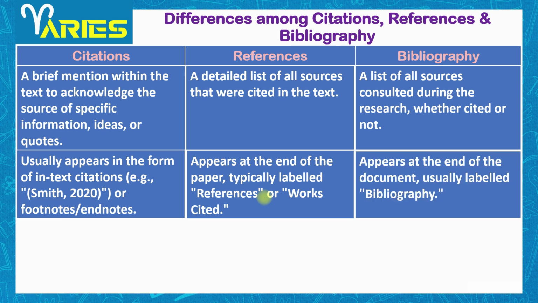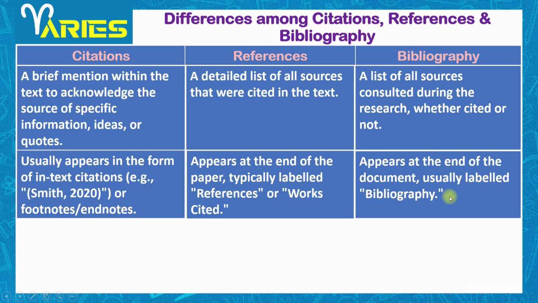Now if we talk about bibliography, the bibliography is at the end of the document and usually labeled as Bibliography. If we want to differentiate between reference and bibliography, references include only those sources which are cited in the text. But bibliography lists all those resources which are cited as well as not cited.